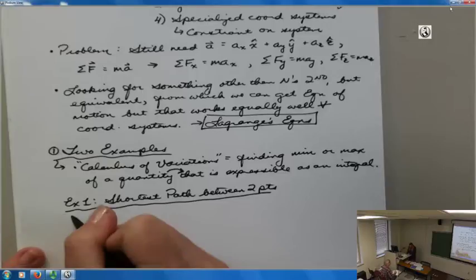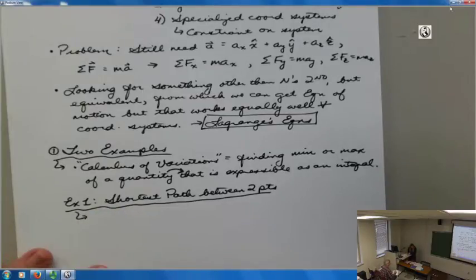Here is the statement of the question. We are given two points in a plane, and I'd like to find the shortest path between them. The points are x1, y1, and x2, y2, and the path can be expressed as y, a function of x, that connects them. So what I'd like to know is for which y as a function of x is the path the shortest.